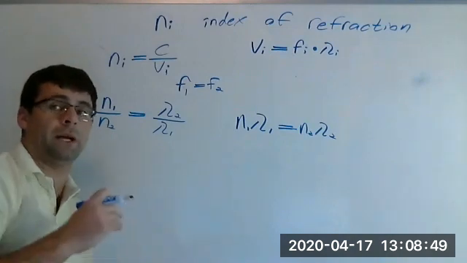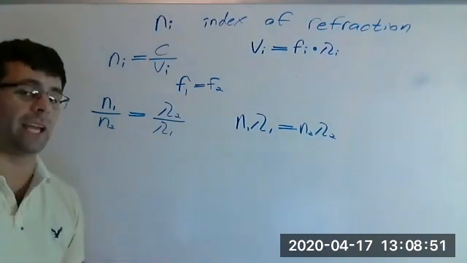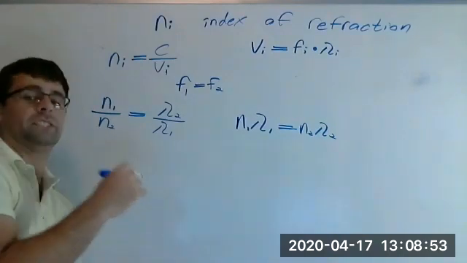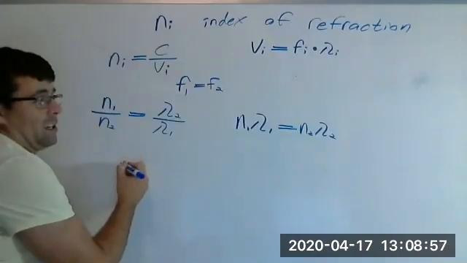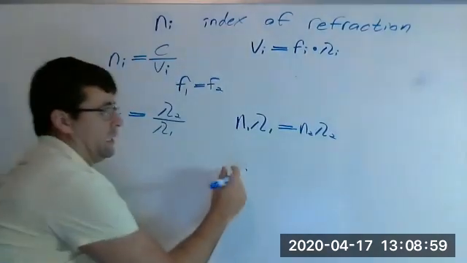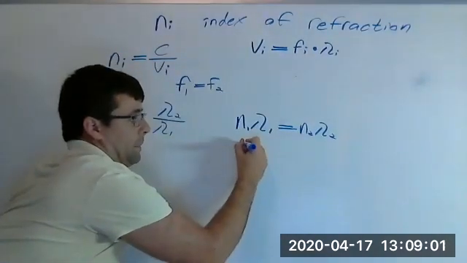And if you're talking about going from air to something else, you can simplify this, because in air, N is 1.